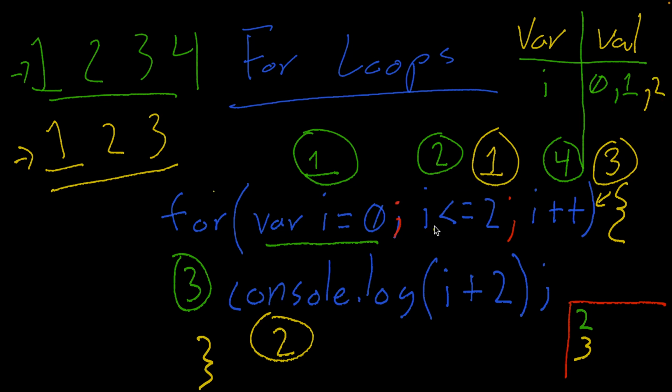We check. Is I less than or equal to 2? Equal to. Yes, so it's true. We enter. So we console log. Oh, sorry. We didn't do this right. What was I? Someone should have stopped me. I was kind of lost because I'm like, where did 3 come from? I was 1. I kind of just wrote it.